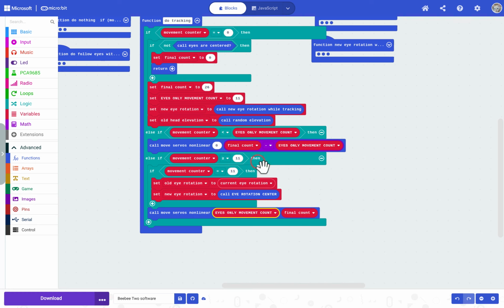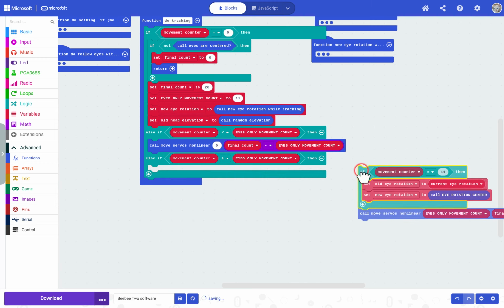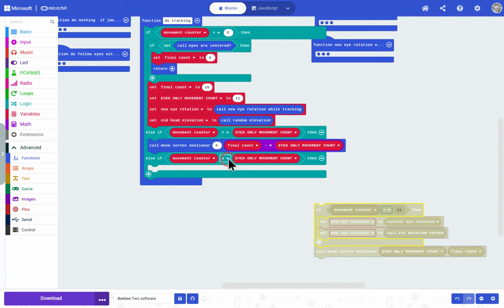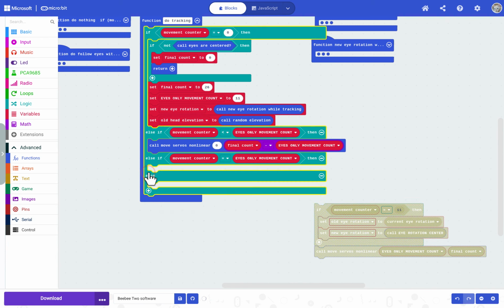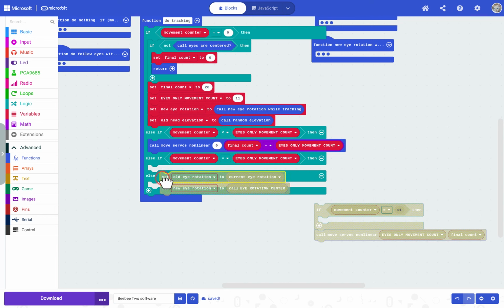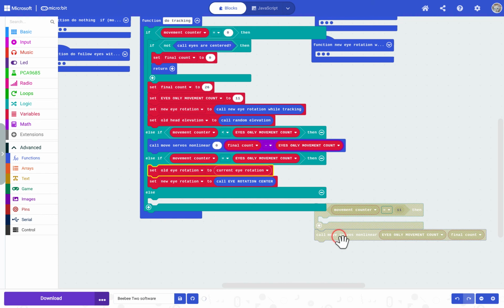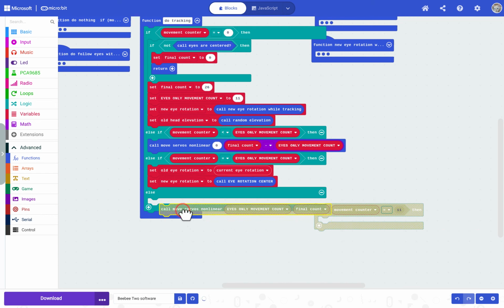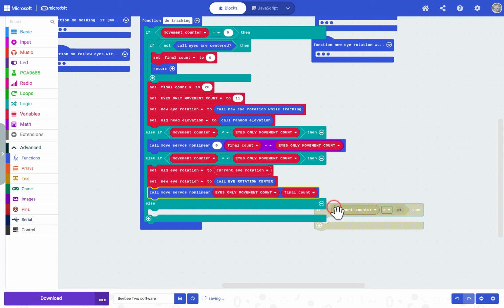Now, movement counter is equal to, greater than, and I don't like that. We're going to change that a little bit. When it's equal, we need to set some things, and we need to call move the servos.